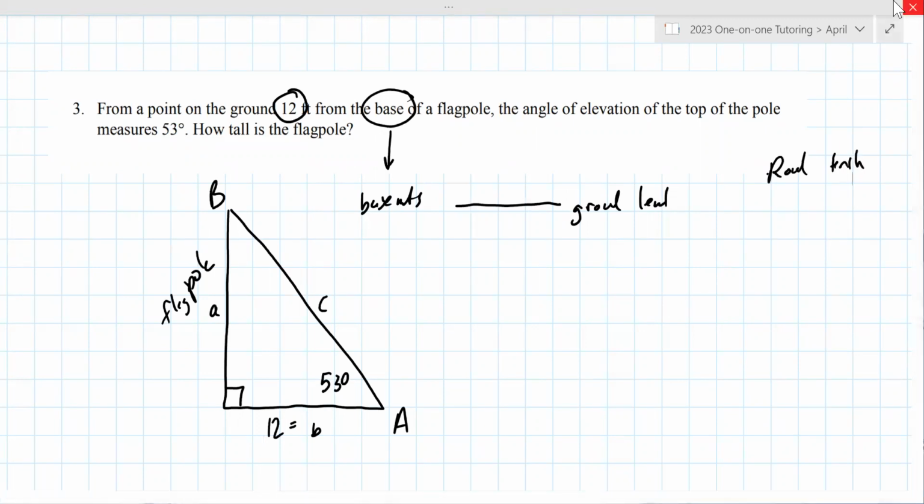So it'll be A over 12 equals tangent, and we have 12 on both sides.